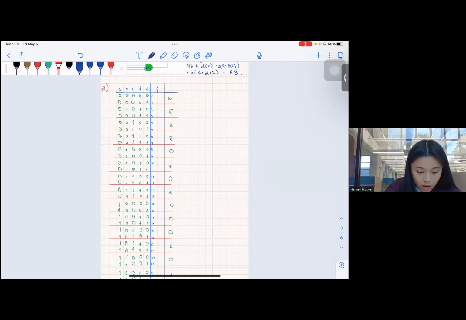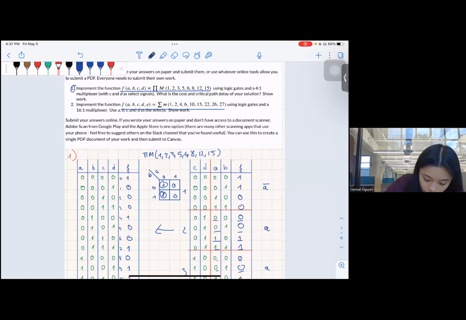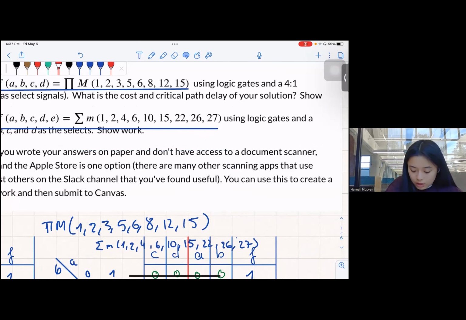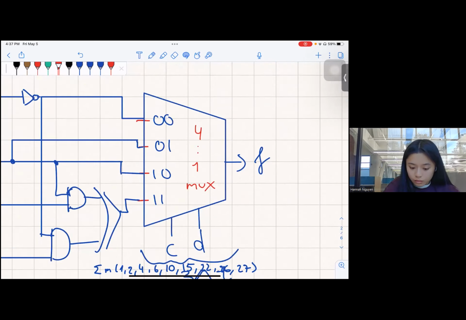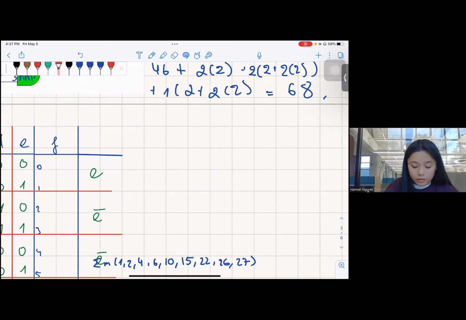And it's going to be the sum of products of 1, 2, 4, 6, 10, 15, 22, 26, and 27. Copy this down. That means at every one of these places, the output is gonna be 1.